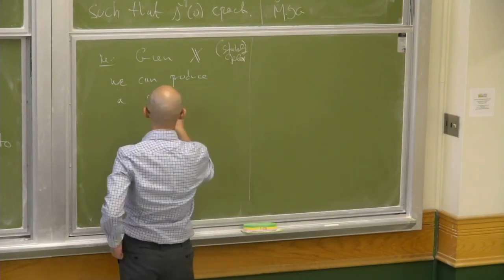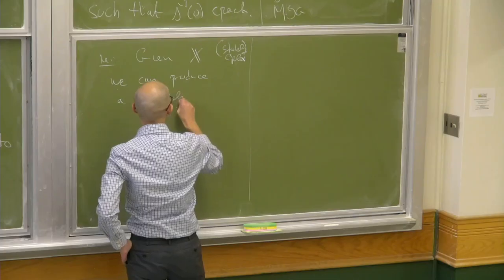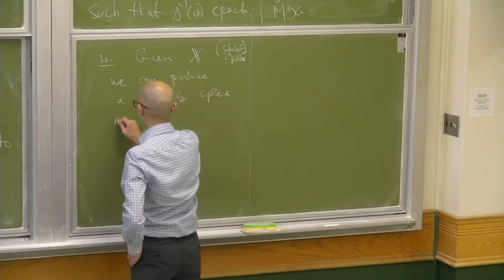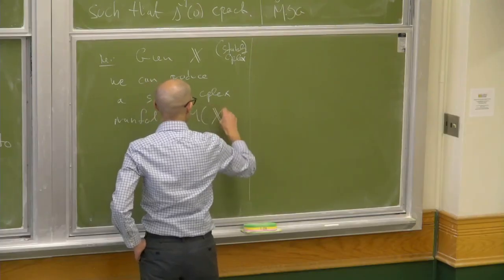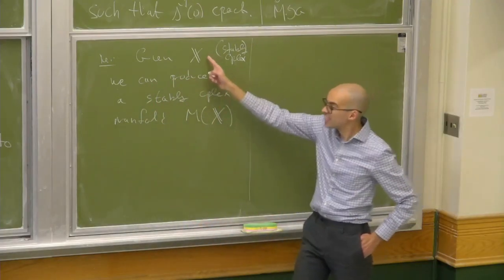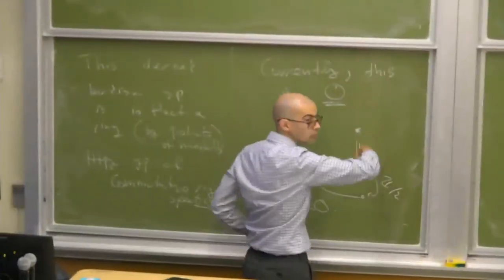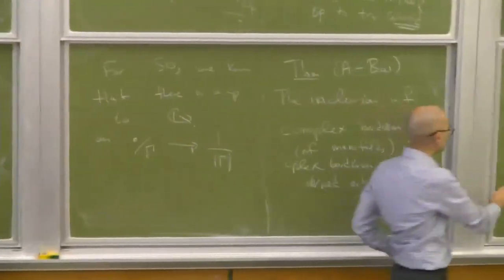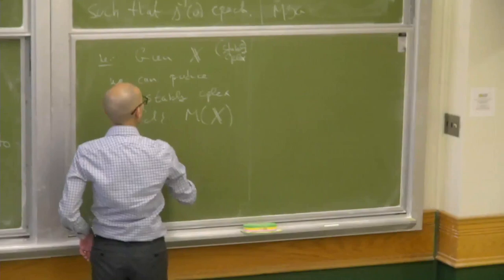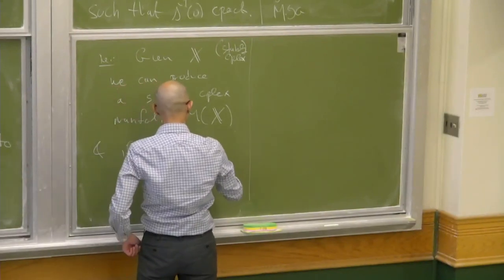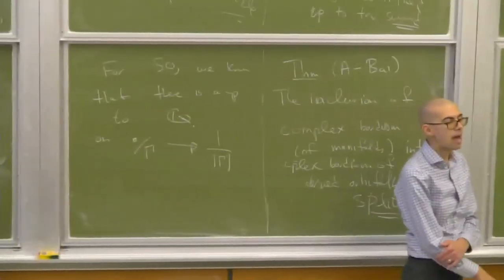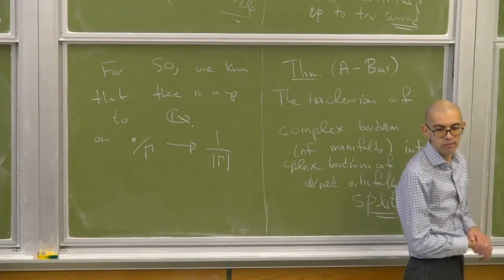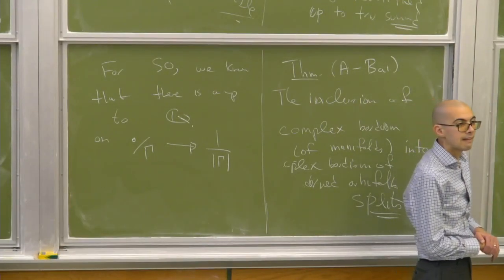We can produce a stably complex manifold, let's call it M of X. And if this X, which again I remind you is an orbifold together with a vector bundle and a section, happens to be M, 0, 0, you just get the manifold back up to bordism, but in reality you literally get the manifold back. Okay?